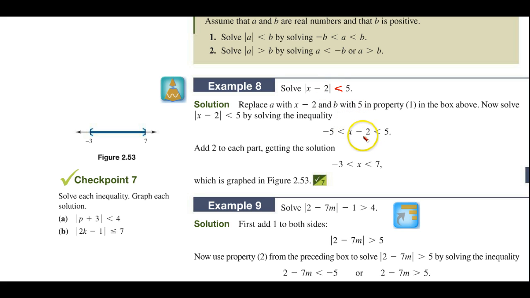Conjunctions can be written this way. We're going to add 2 to both sides, and we've solved for x. And there's our graph, and of course putting that in interval notation, negative 3, 7.